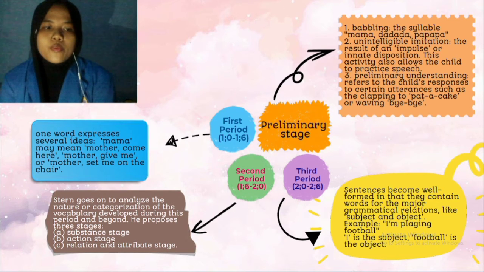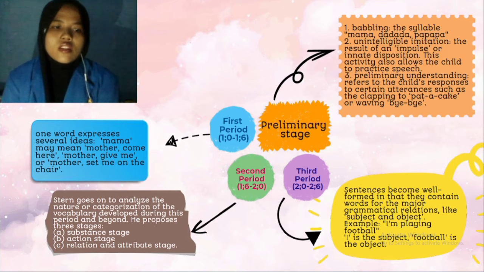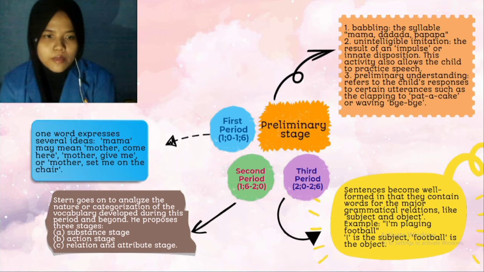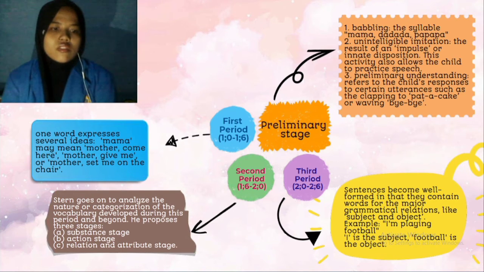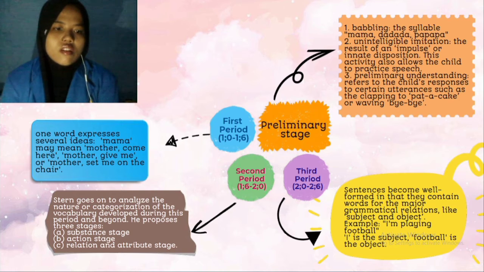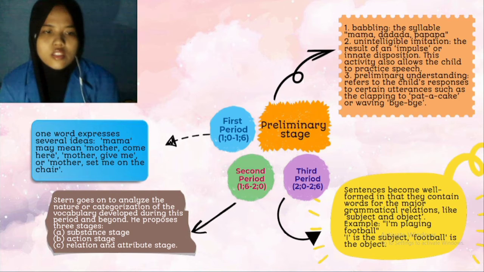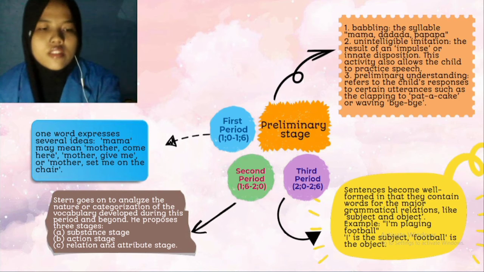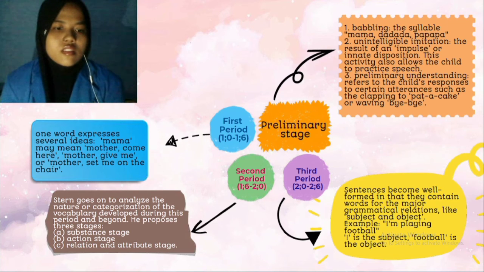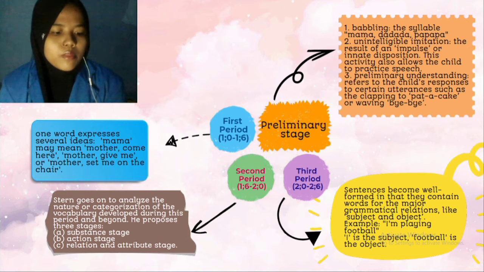Stern also proposed three stages. The first is the substance or substantive stage, the second is the action stage, and the third is the relation and attribute stage. I will explain the substance stage in brief.